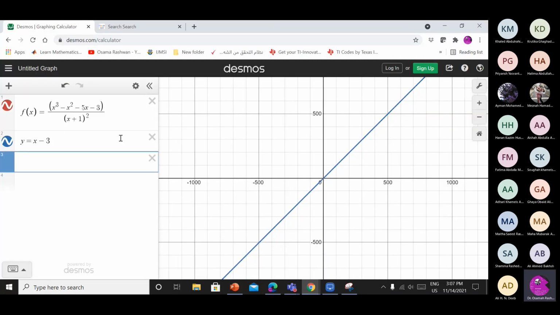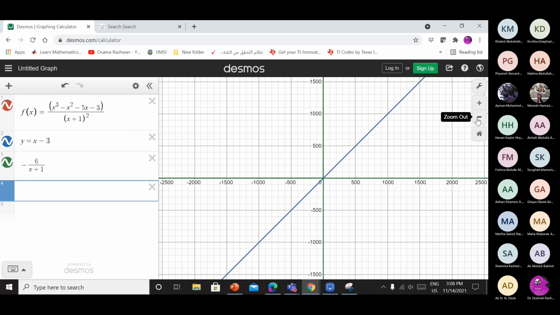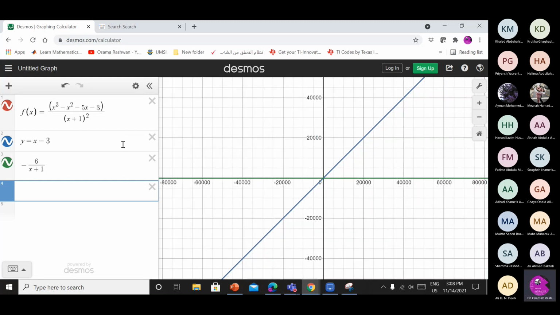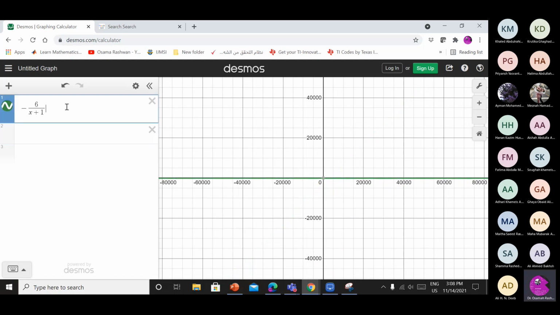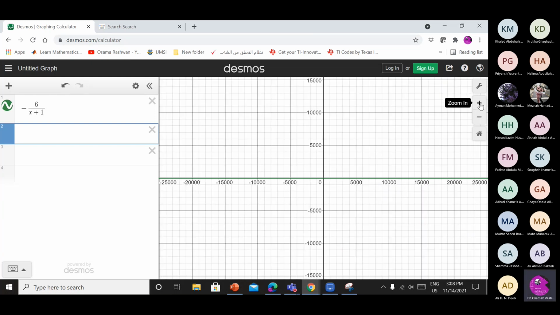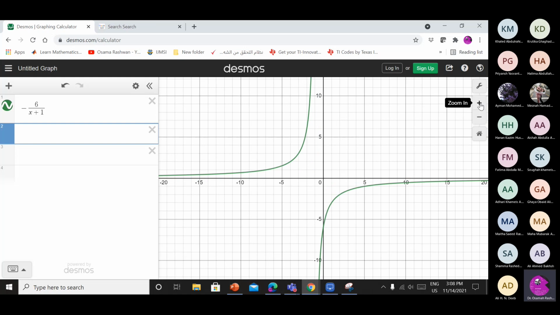If you would like to graph minus 6 over x plus 1, what happened here? Oops. It cannot graph it, right? Yes, doctor. No, you graph it here, right?